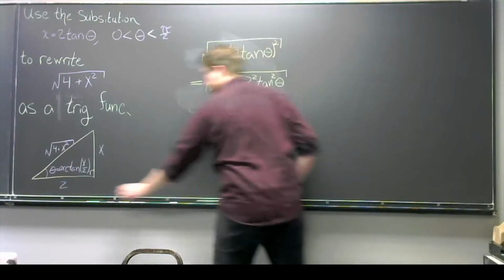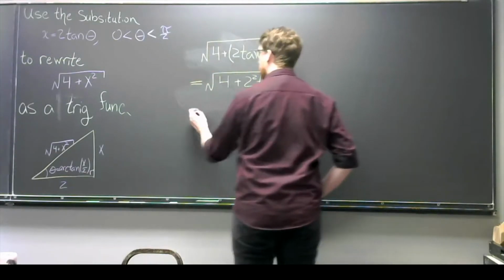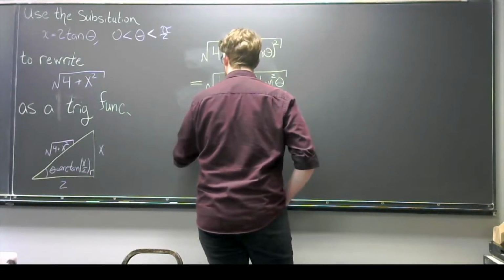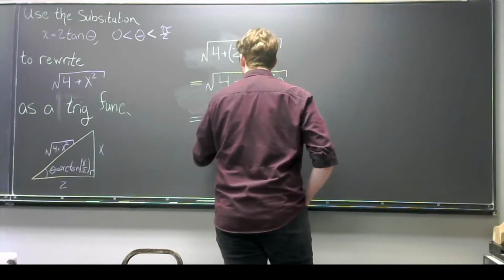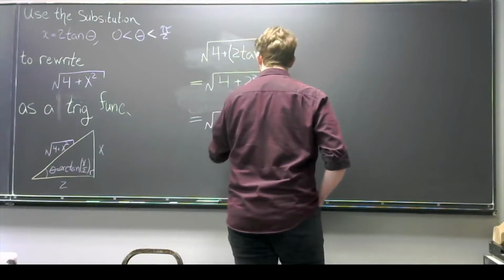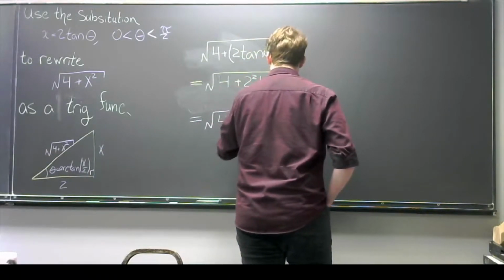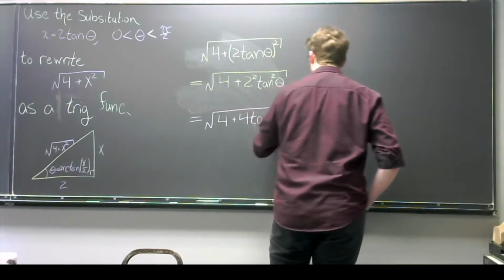But we can simplify this a little bit. This is going to give us 4 plus 4 times tangent squared of theta.